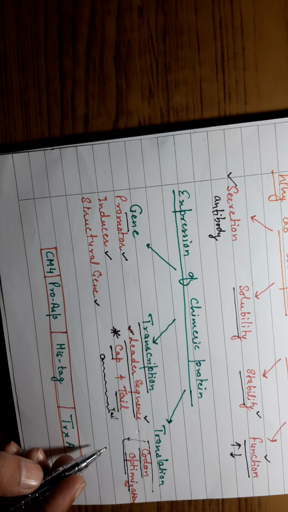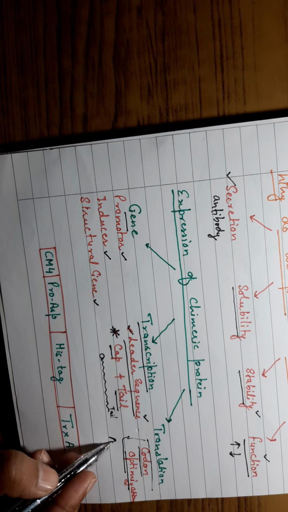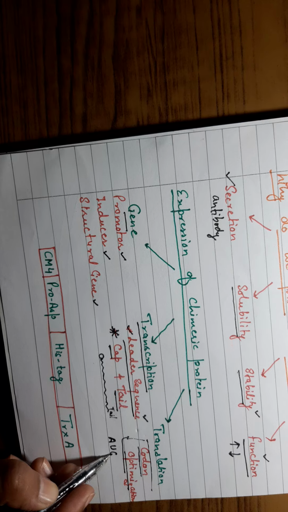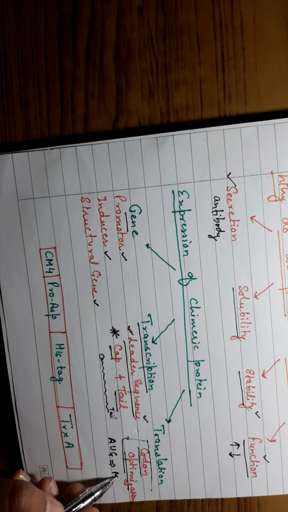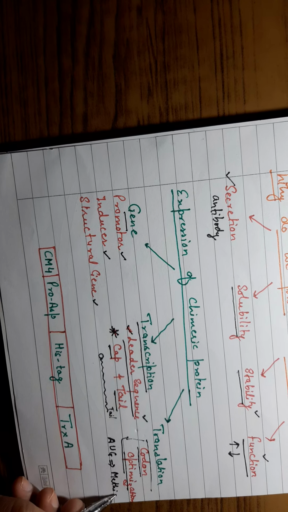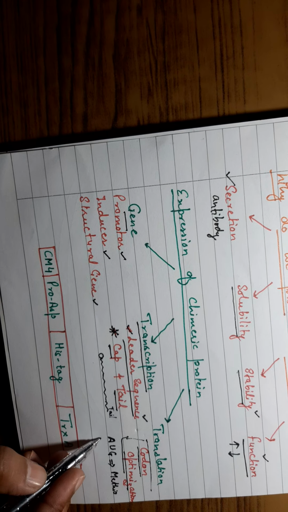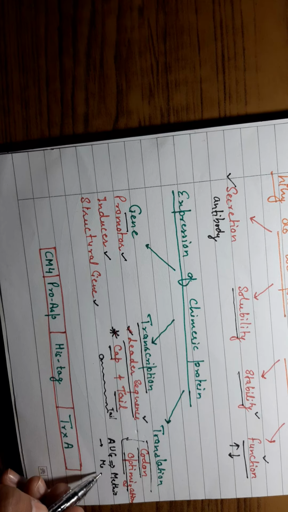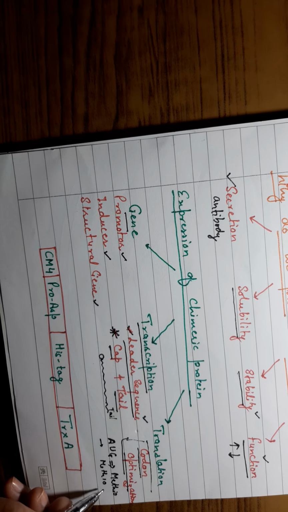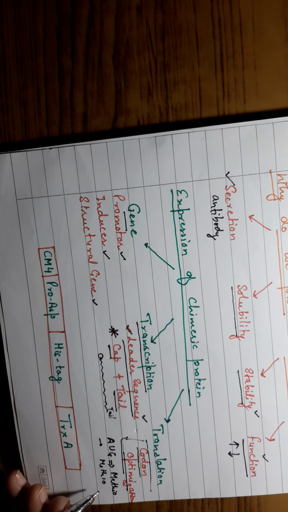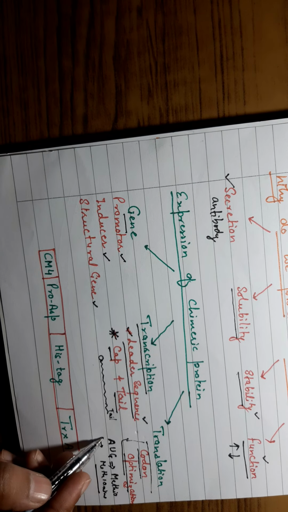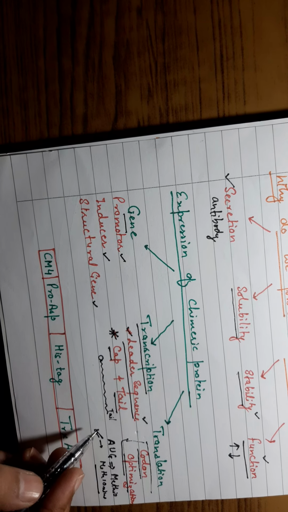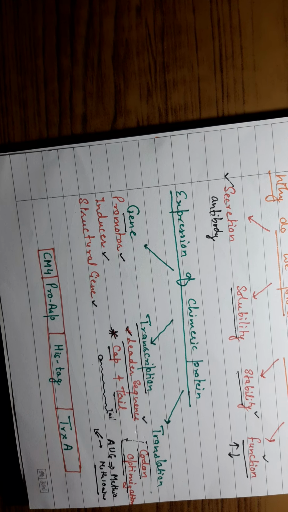Codon optimization, what is this? A codon, say for example AUG, if it is coding for methionine in bacteria, it must code for methionine in human as well. If this is not the case, then our reason for producing chimeric protein will wear off.